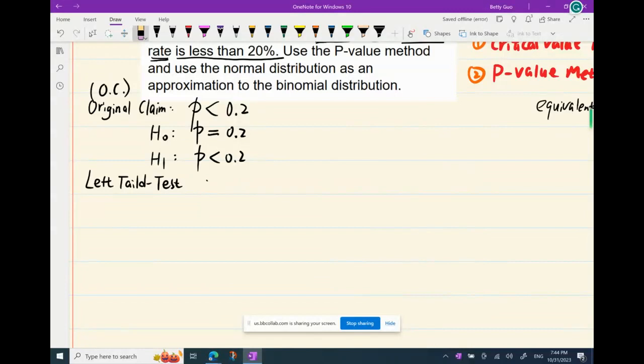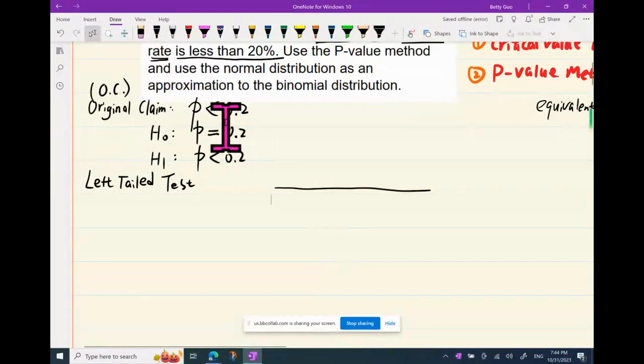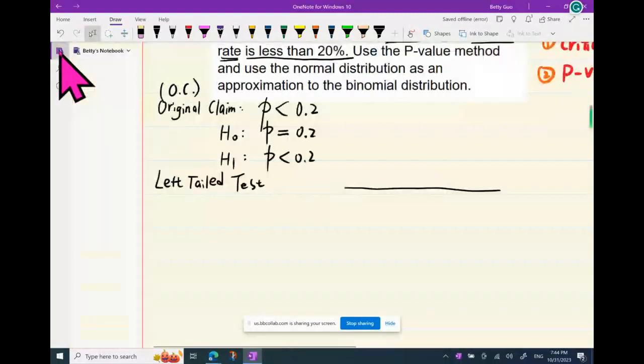And now we know we're going to have, the spelling is wrong, left-tailed test. Once we know we're going to have a left-tailed test, we're going to graph the curve. Let's see what kind of test statistic we're going to have.